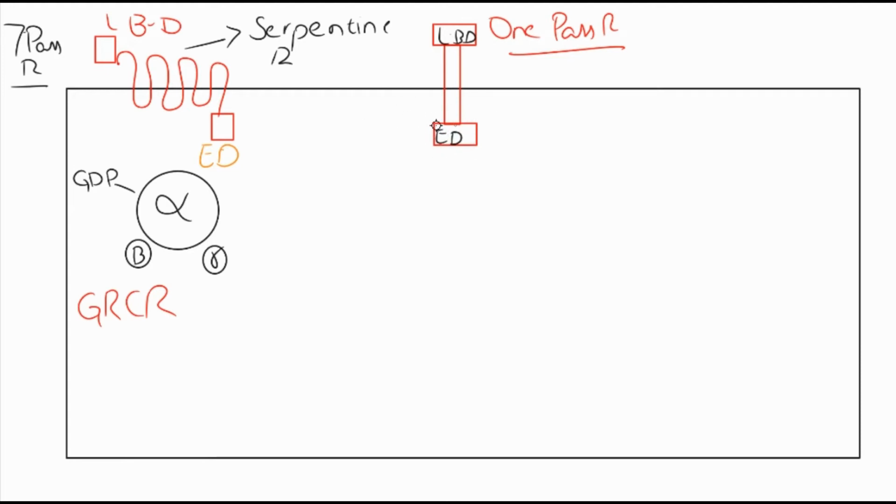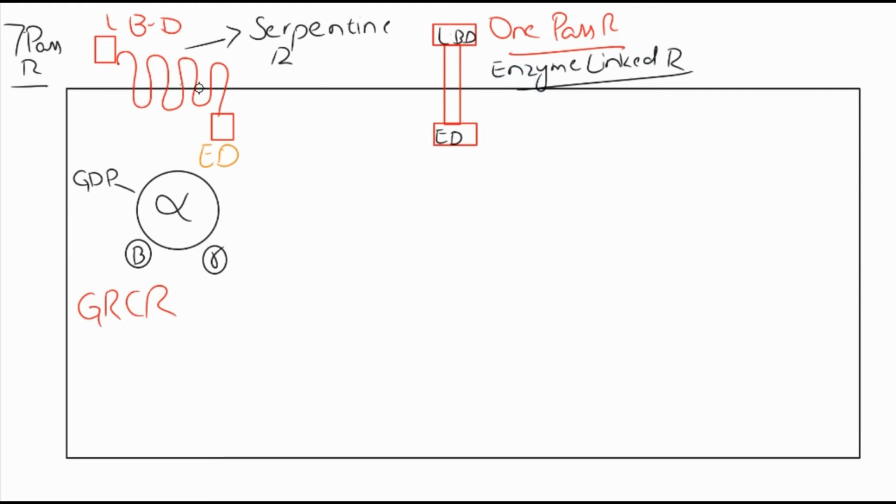Now in this type of receptors, the effector domain has an enzyme linked with it. So their other name is enzyme linked receptors.